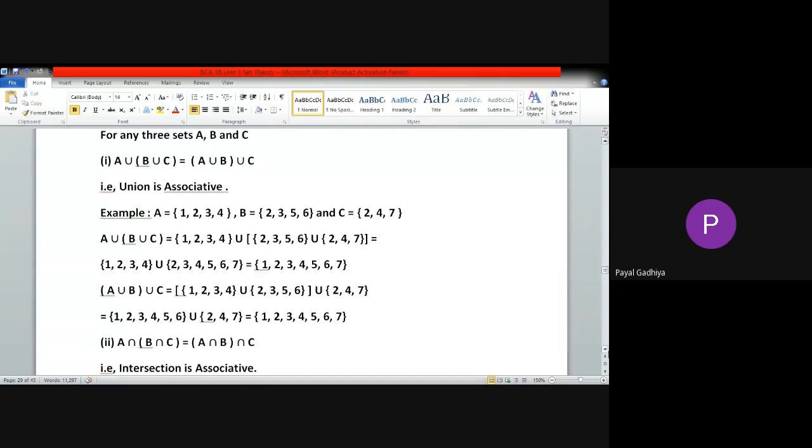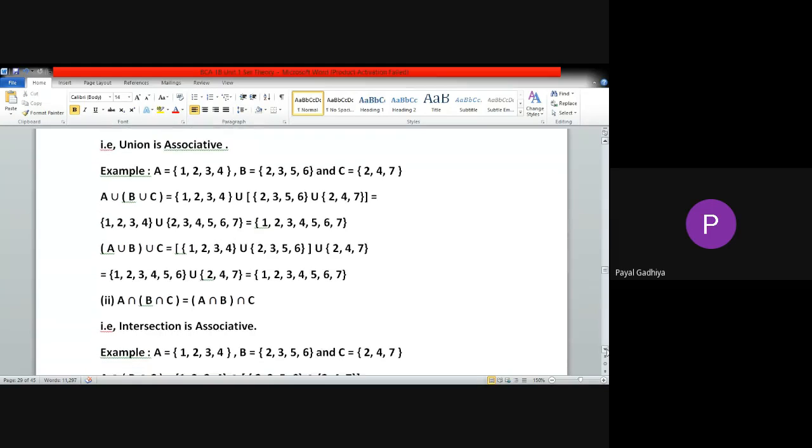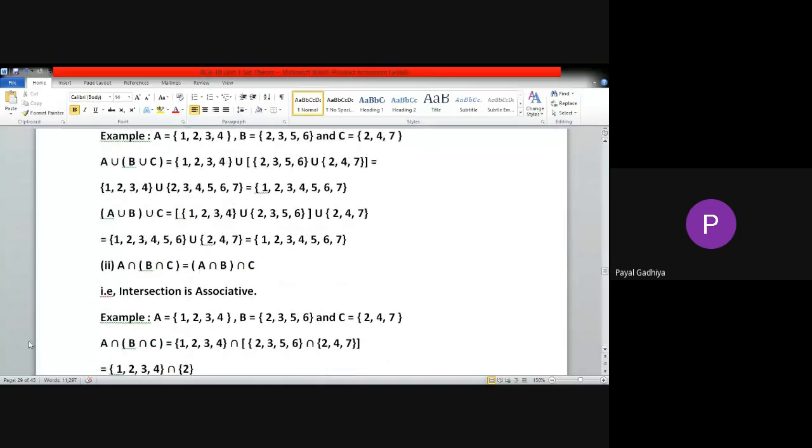And one more thing I want to tell you is that intersection is also associative. That means A intersection (B intersection C) equals (A intersection B) intersection C. These two are equal, and you can try this example on your own at home.